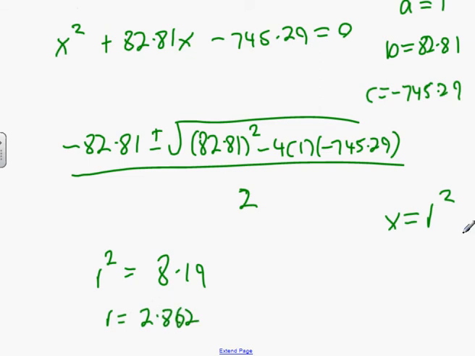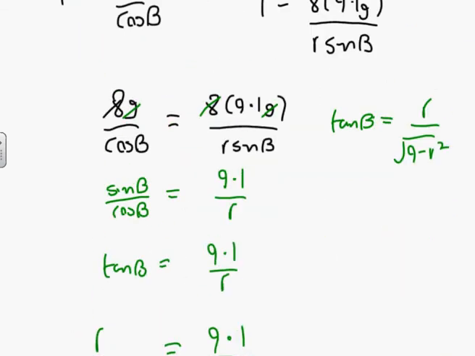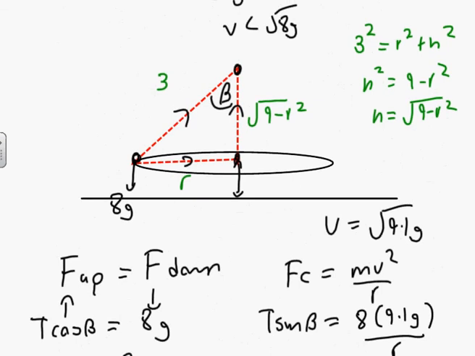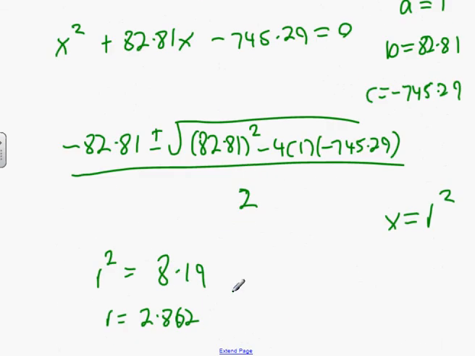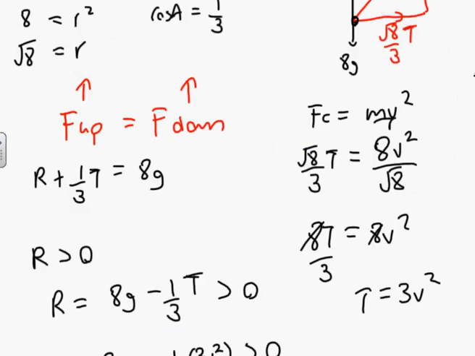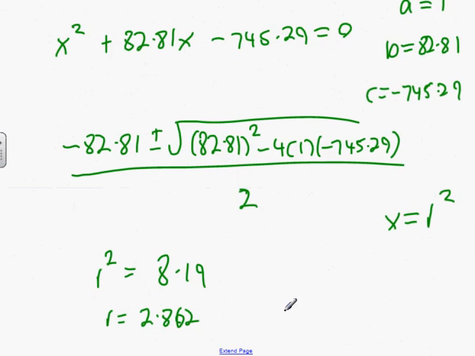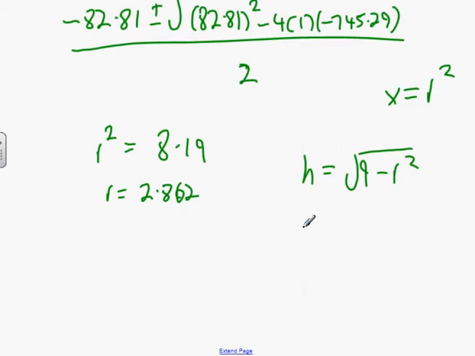Now, finally, what does h equal? All the way back up here. H equals root 9 minus r squared. Oh, that's handy. H equals the square root of 9 minus 8.19.